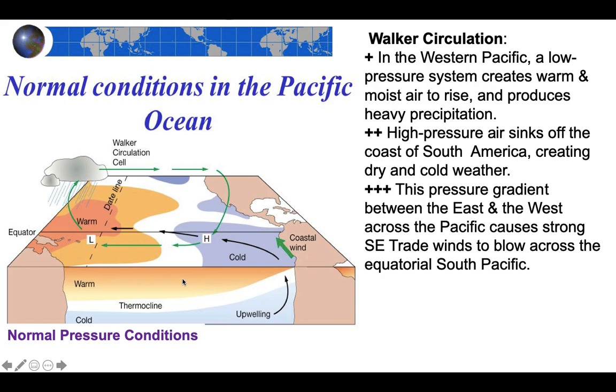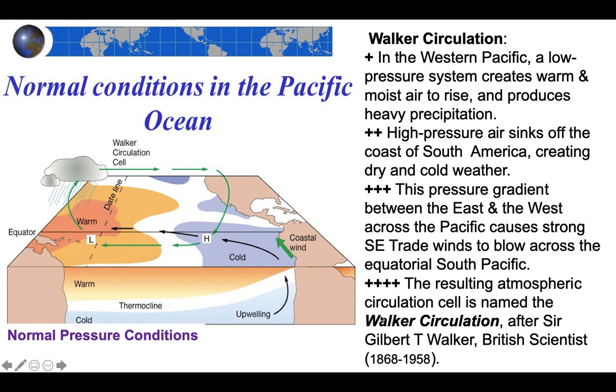And notice that we have relatively warm water mass near the surface, a pretty well-defined thermocline, and underneath we have in blue cold water. So this normal regulation of the high pressure and low pressure system across the Pacific Ocean is called Walker circulation.